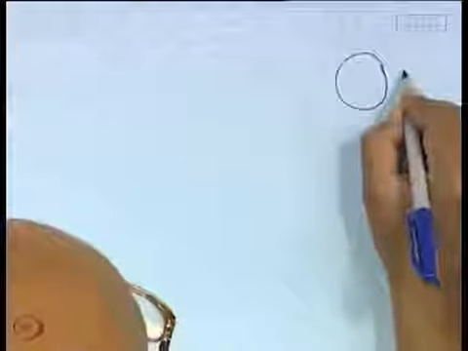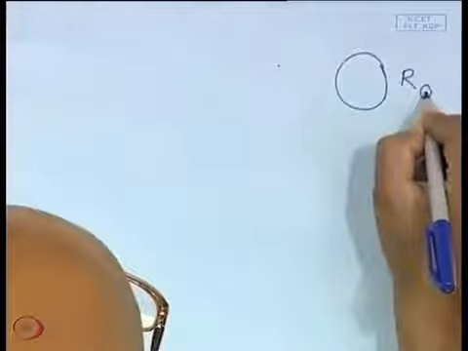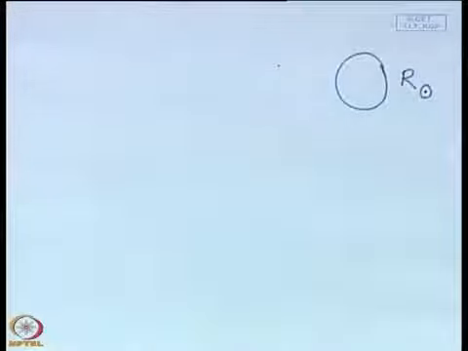So, let us try to make a model for the sun where the sun is a sphere, as we see it, a sphere of radius r sun, which is a black body source.